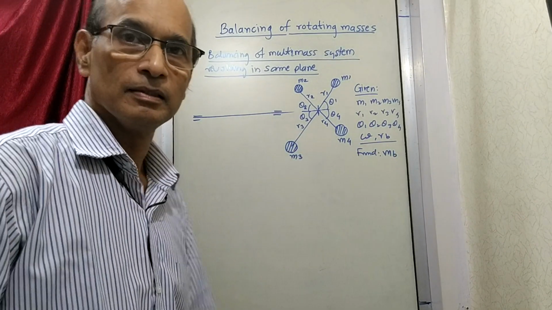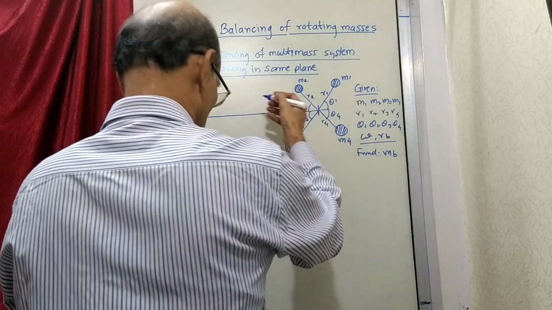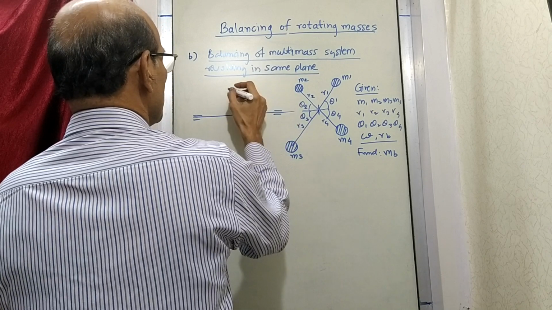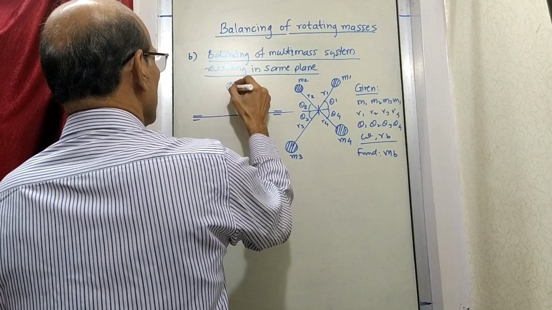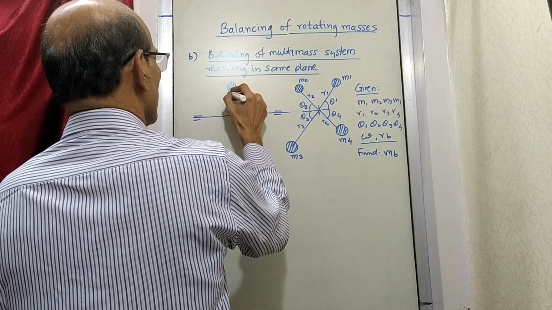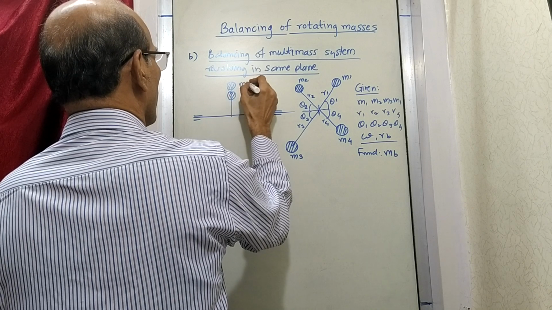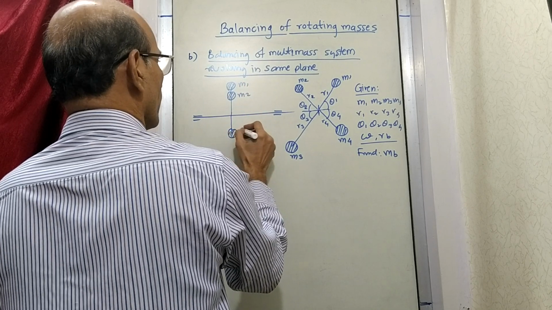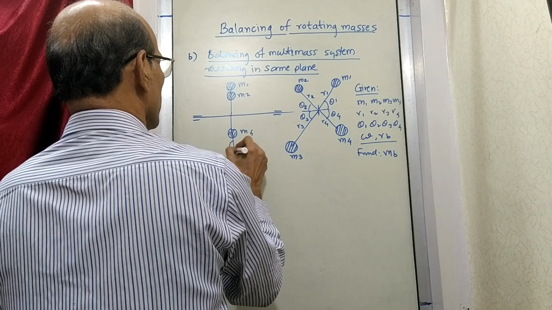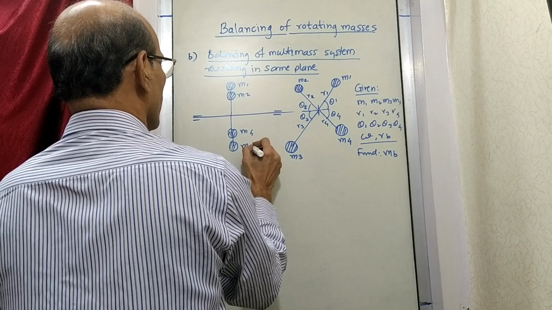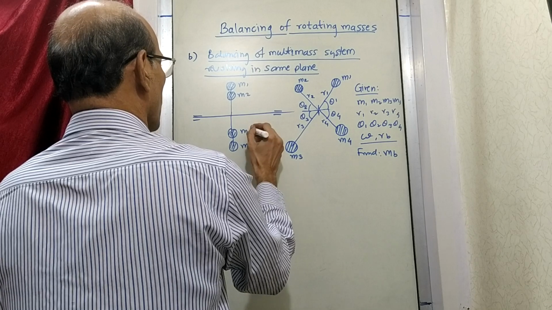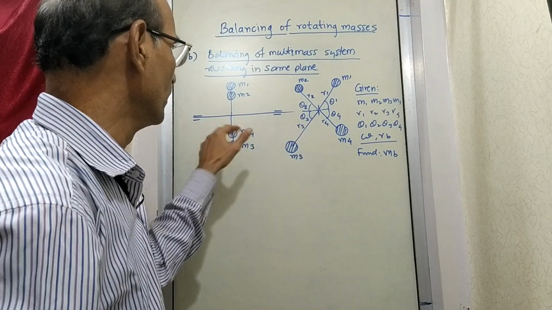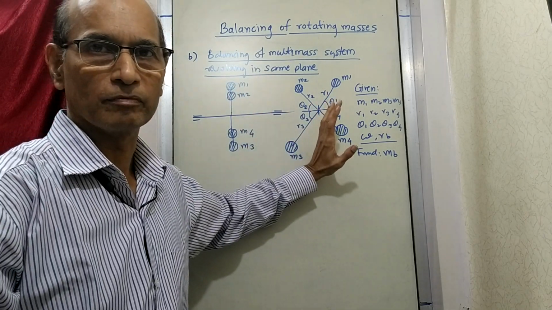Now all these masses in this view, since they are in one plane, you can see here in a single plane. So these masses will be seen like this: M1 here, somewhere here there is M2, somewhere here there is M4, somewhere here there is M3. Now this is just a representation, so you need not draw it exactly as a front view, side view kind of thing.